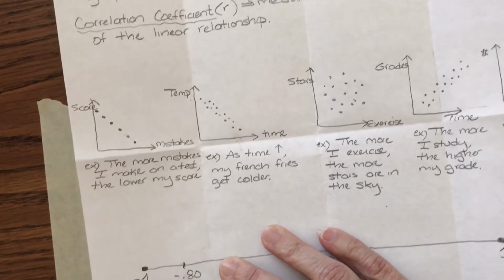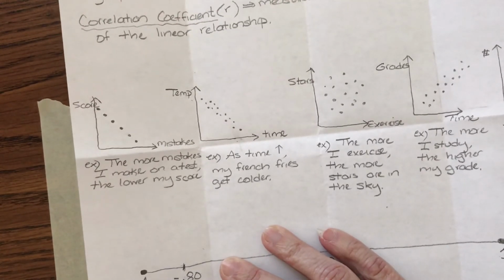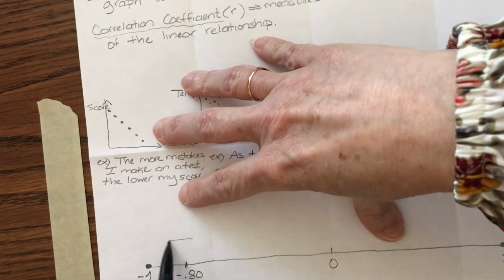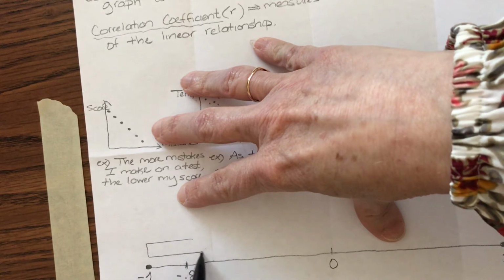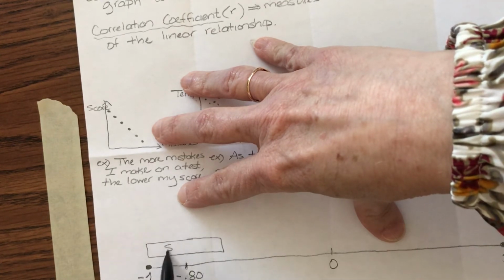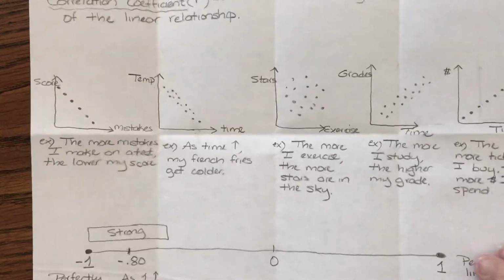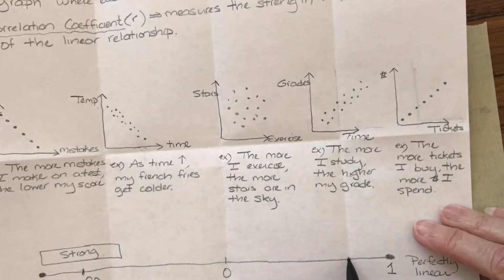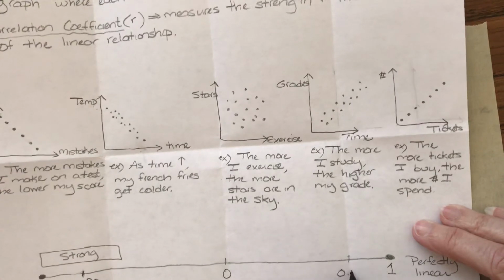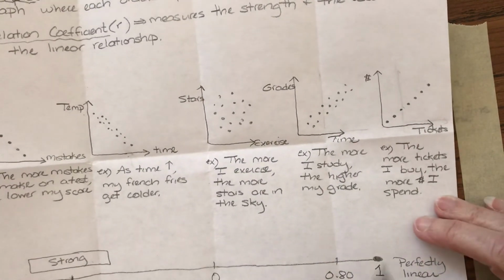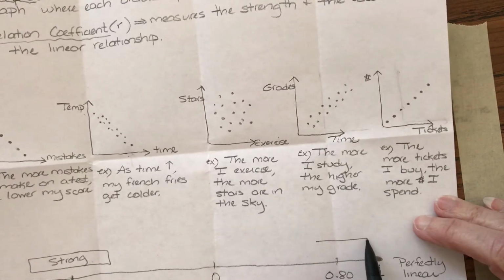Not linear though. Okay. But this still has what we would call a strong relationship here. We're going to say this is strong. If I come all the way up here and I have a positive, let's just say 0.8, we would say that it's also fairly strong up here.